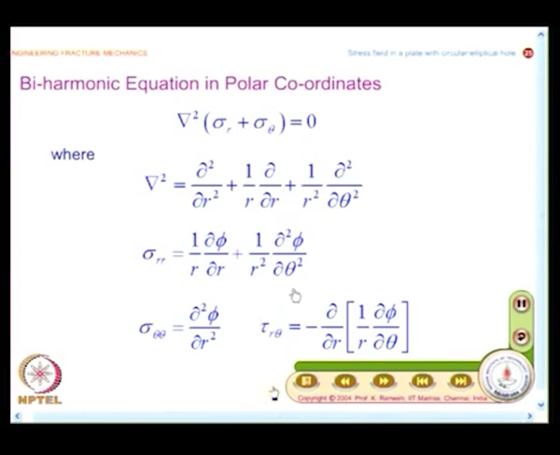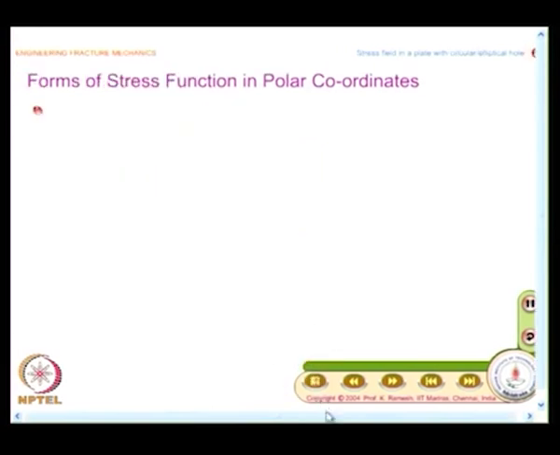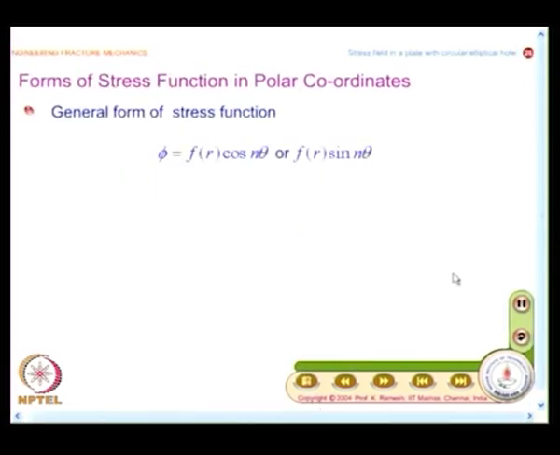Now, let us look at what are the forms of stress function in polar coordinates. It is very similar to what we have looked at in the Cartesian coordinate system. In Cartesian coordinate systems, I could have polynomial functions, I could have Fourier series, I could have analytic functions as candidates for coining the stress function.